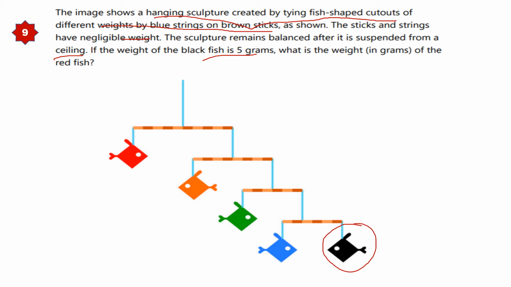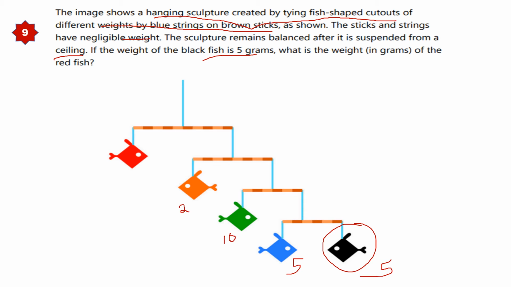It is balanced, right? What is the weight of the red fish? That is the case. Here it is 5, then this will also be 5. If this is to be balanced, then this must be 10. If this one, 10 plus 10, isn't it?